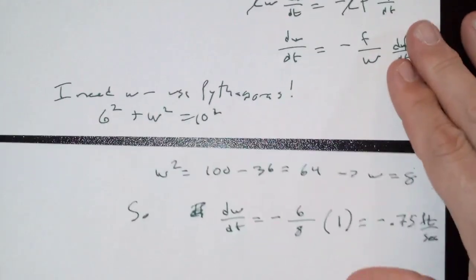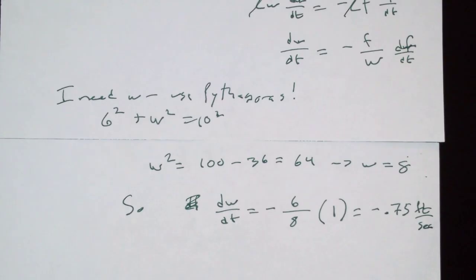First question. Does this number make sense? Is F getting bigger or smaller? Because we were sliding away, W is getting smaller, so the change in W should be negative, if it's going from a bigger number to a smaller number.